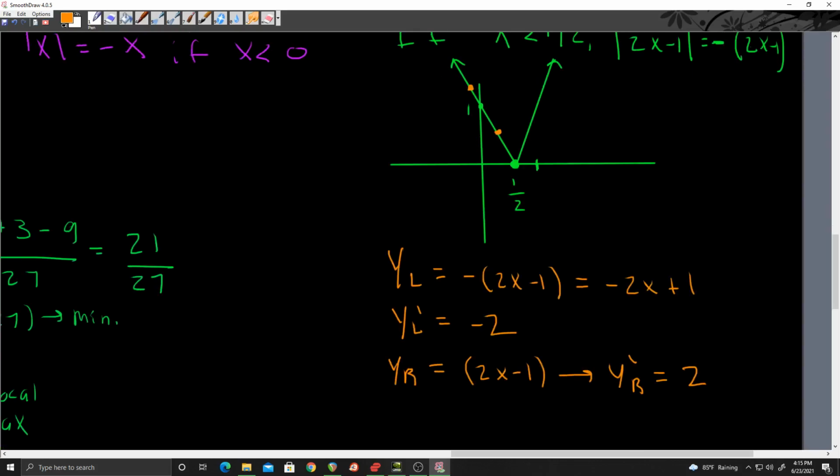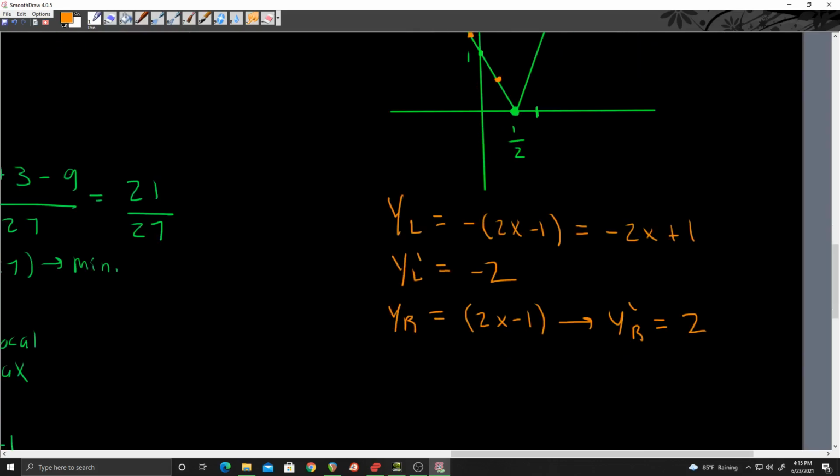Now, once again, let's remember the derivative is nothing more than this limit: the limit as h approaches 0 of f at x plus h minus f at x over h.